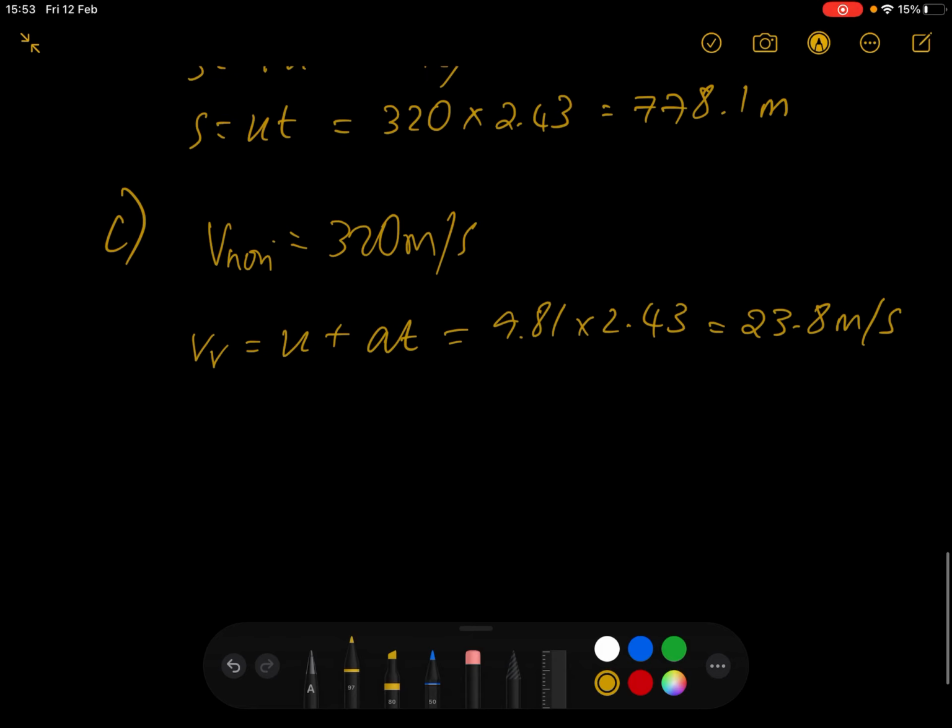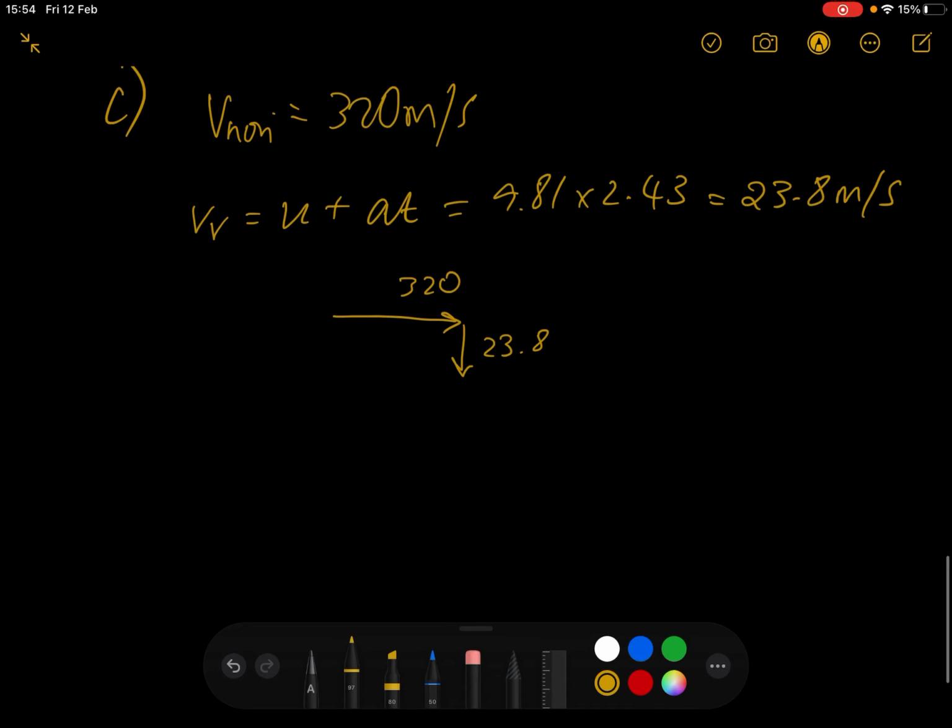Okay, and now I'm going to combine them. So we've got a horizontal velocity of 320. We've got a vertical velocity of 23.8, teeny tiny. Our magnitude will be a squared equals b squared plus c squared. A equals square root of 320 squared plus 23.8 squared.